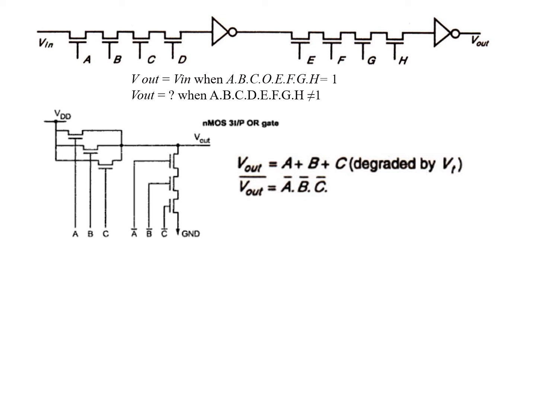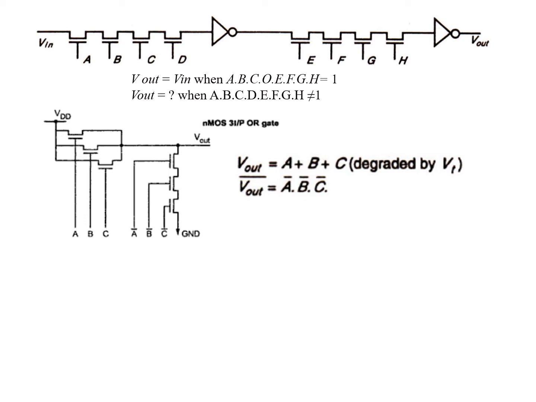Now assume that A bar, B bar, C bar are 0. That means all are on, whether in series connection or in parallel connection, all are in the on state. Now in the on state, your output will be equal to VDD, but some part will be degraded.